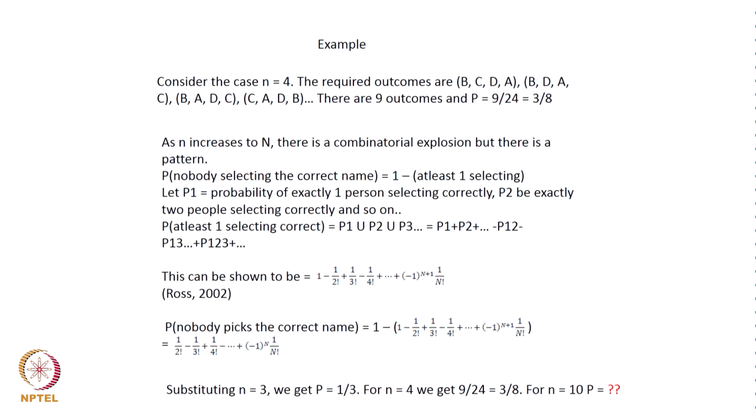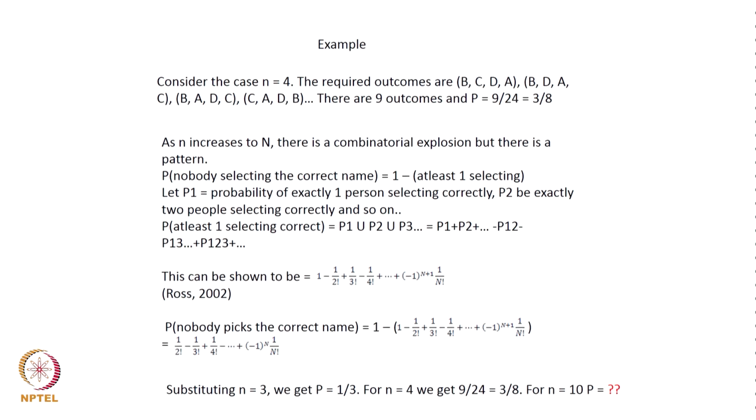Therefore the game is to be repeated to find out who will actually pay the bill. So in this case there are 9 outcomes out of 24 possible outcomes. So there is a probability of 3 by 8 that the game has to be repeated, and we are not able to find the person to actually pay the bill in the first iteration of this game.